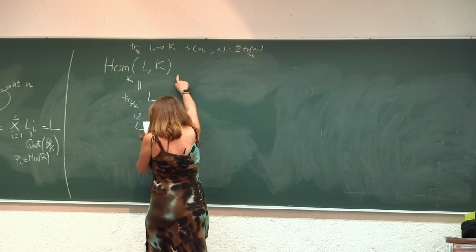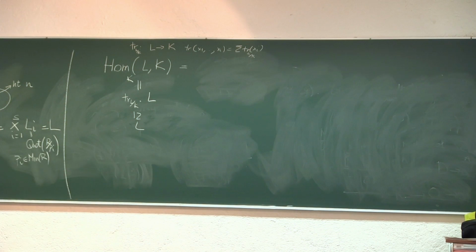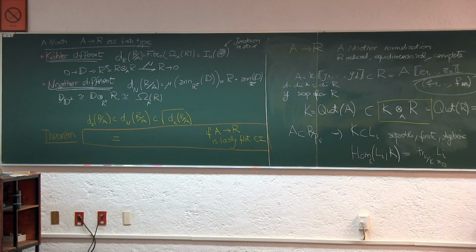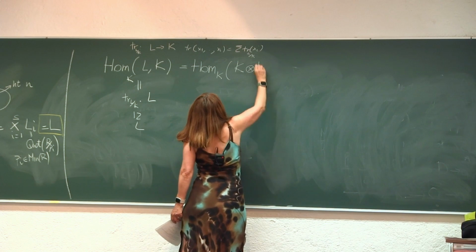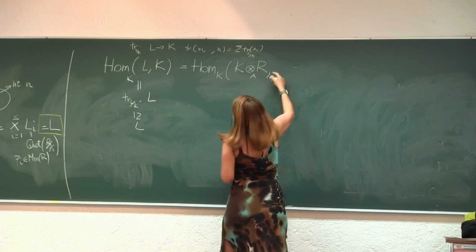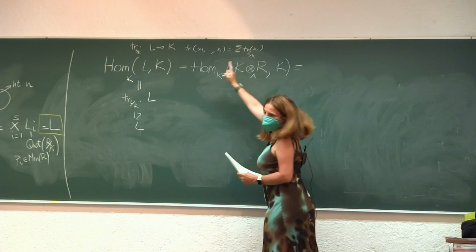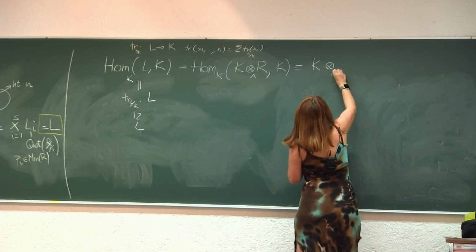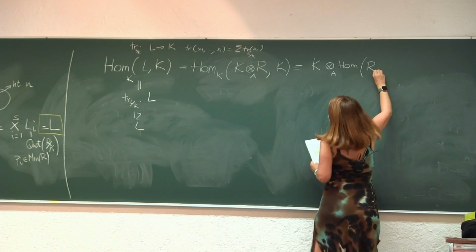And now inside this guy, I want to find somebody else. So let's see what we do. How do I find somebody else inside that guy? Remember, by what we wrote here, look at what I wrote, L is K tensor R. So I can write this as Hom over K of K tensor R over A, with K. Right?